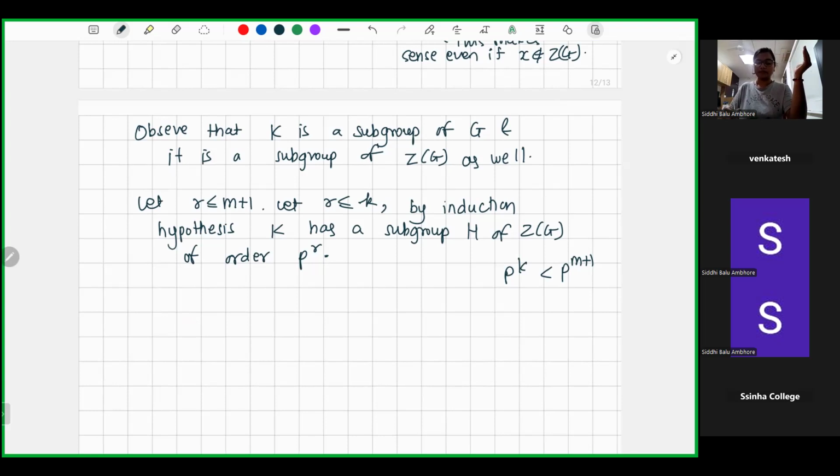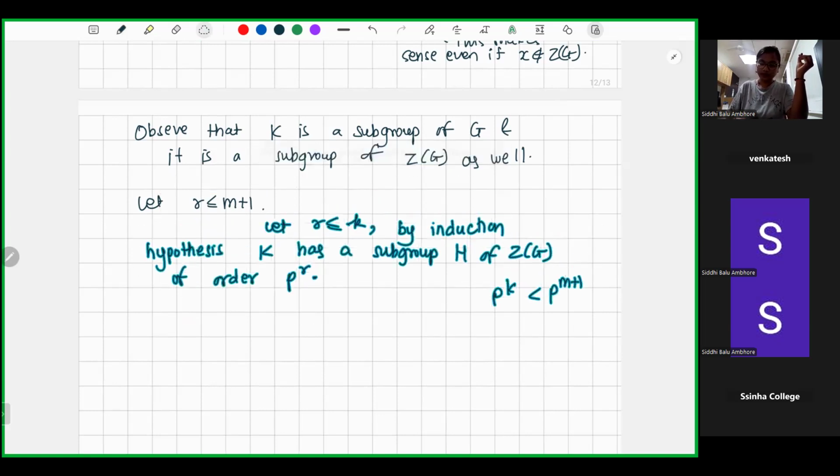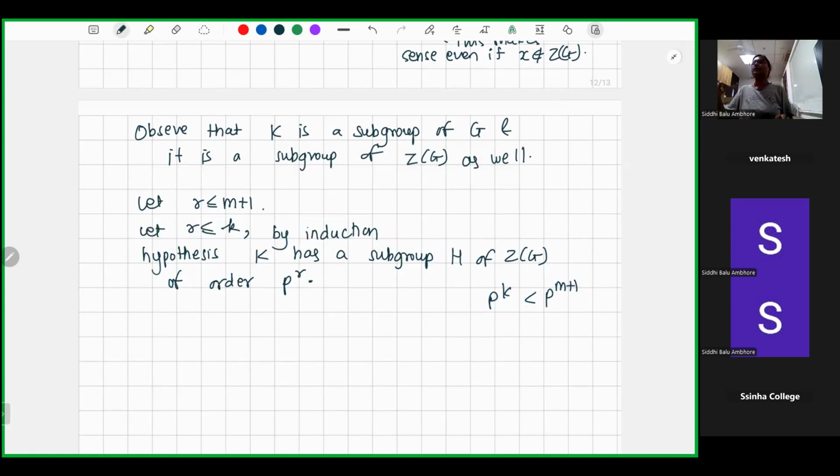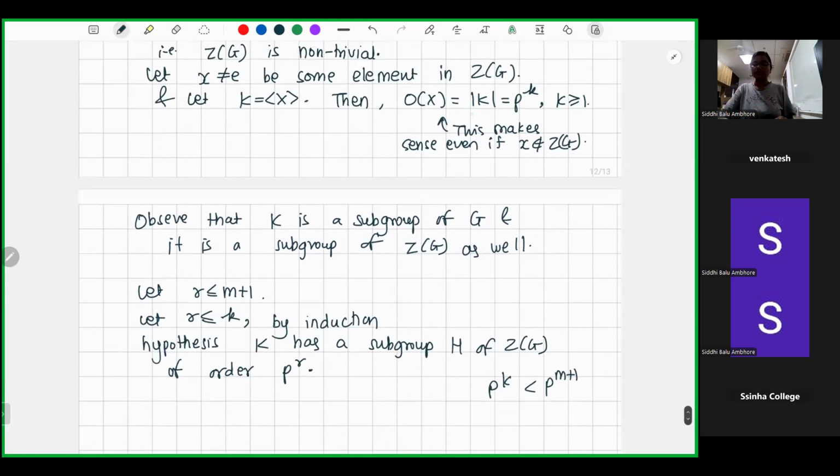Is this okay? So if I'm taking any r less than or equal to m+1, and if that r is also less than or equal to k, then this subgroup which I have here is of order p^m.